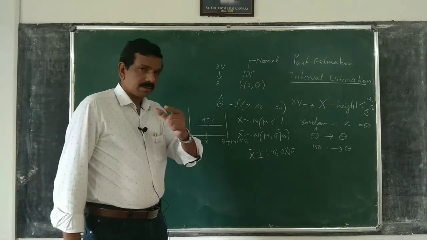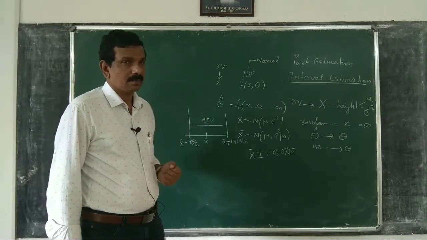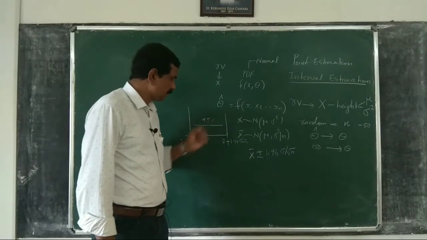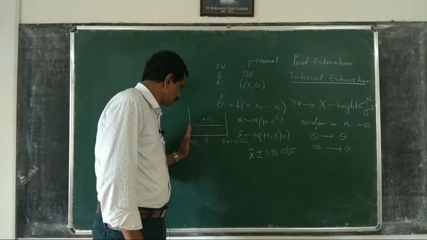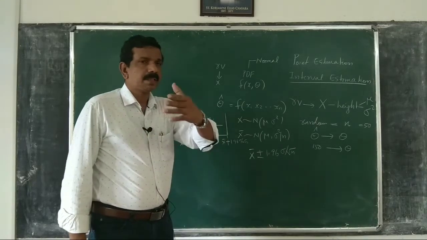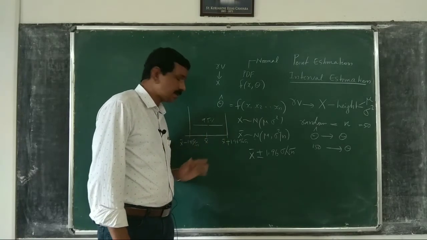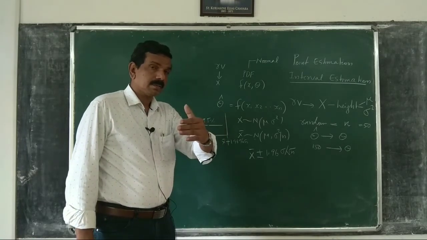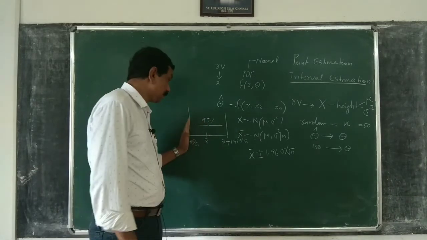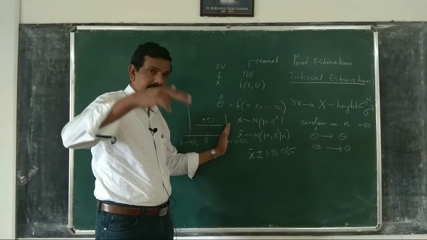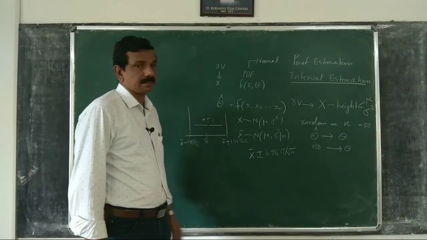Parameter is a constant and you cannot attach probabilities to constants. So what we say is, if we construct intervals like this a repeated number of times, intervals like this will include the true parameter 95 out of 100 times. That is the meaning of the statement.